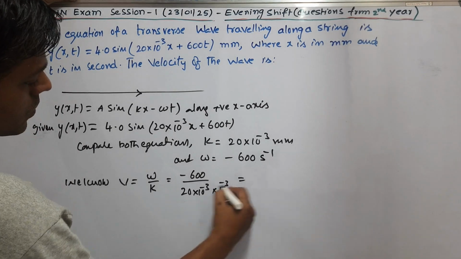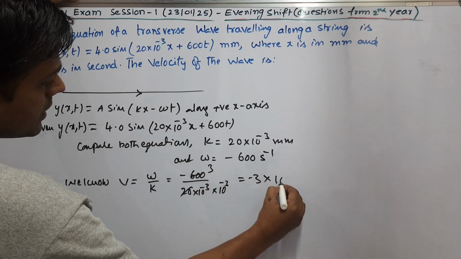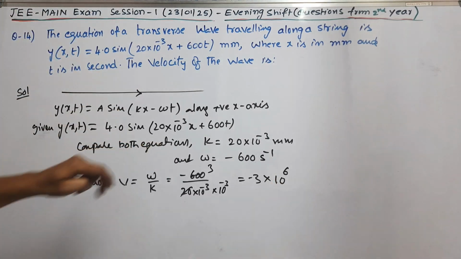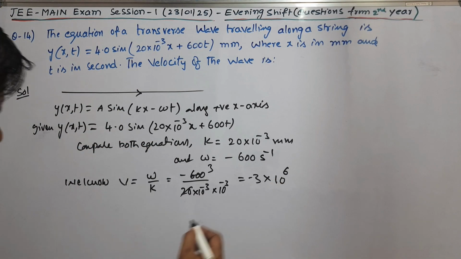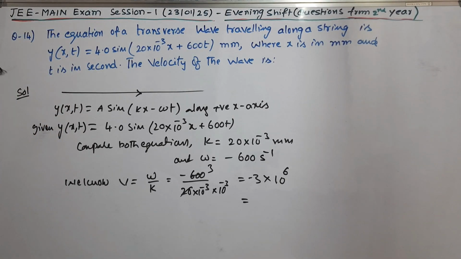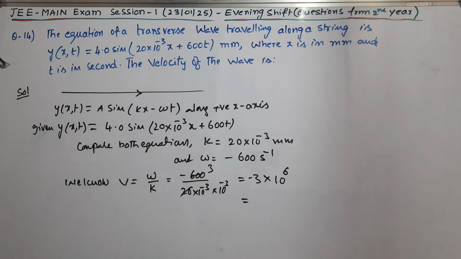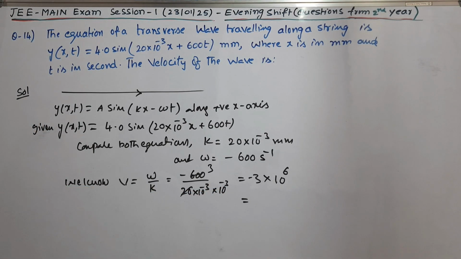So that gives minus 3 into 10 power 6, okay, right.